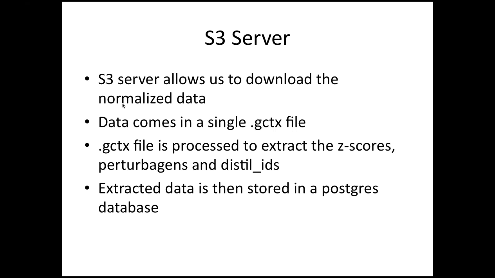We use Python and JavaScript to process the GCTX files once we download them, and then put them into a database with all the distil IDs and the gene IDs and Z scores associated with them. So we store that into a table.